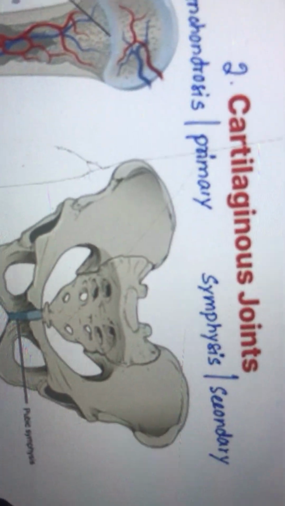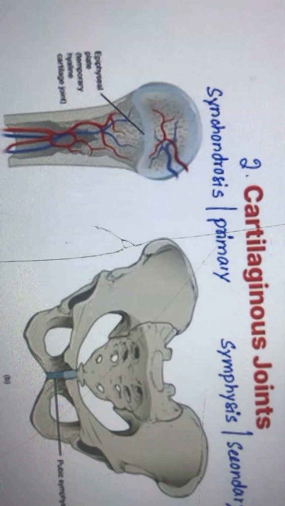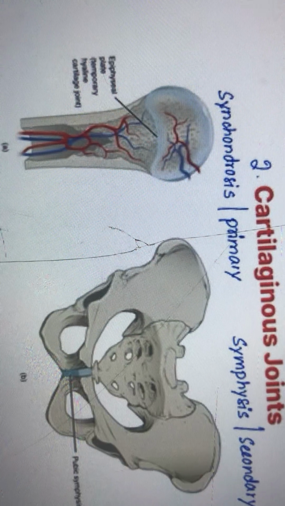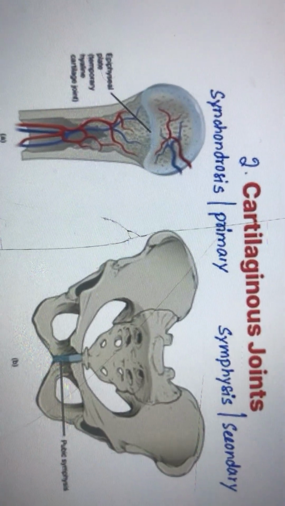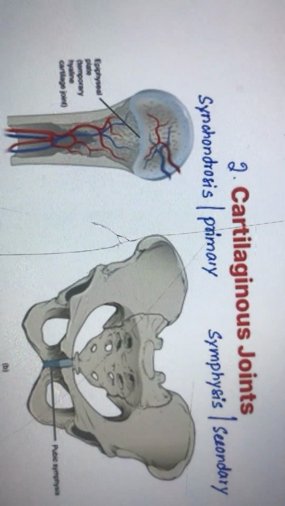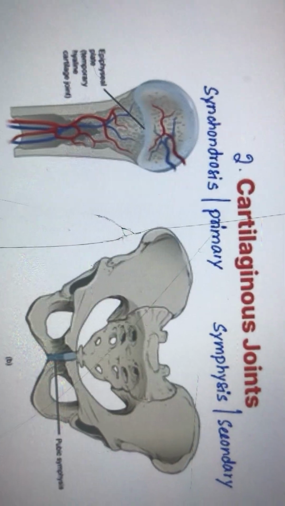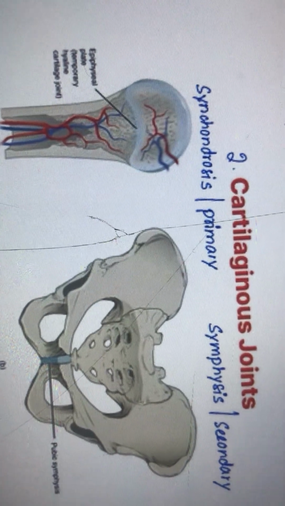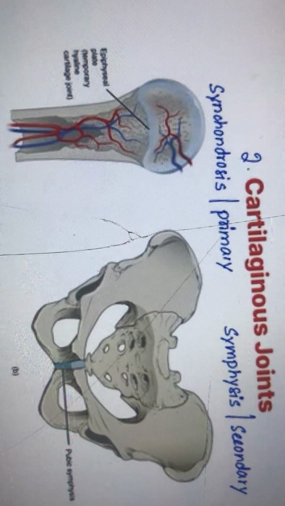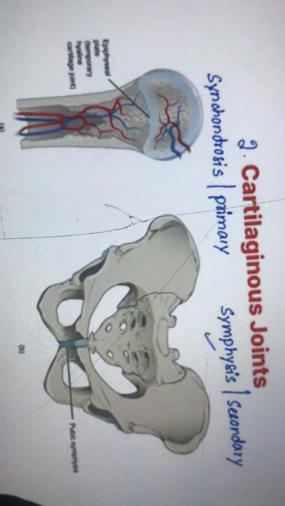Now, what exactly are primary cartilaginous joints? Primary cartilaginous joints are those in which the two articulating surfaces are separated by a piece of hyaline cartilage. Whenever two bones are interconnected by fibrocartilage, you refer to it as symphysis or secondary cartilaginous joint.